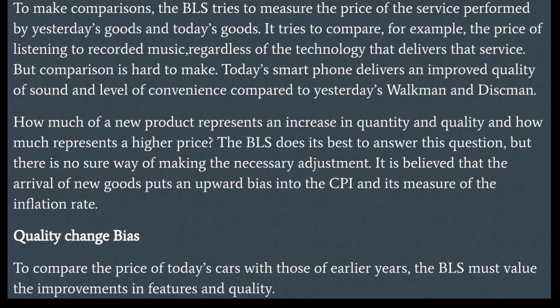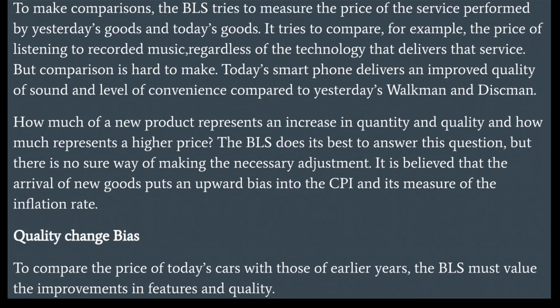How much of a new product represents an increase in quantity and quality, and how much represents a higher price? The BLS does its best to answer this question, but there is no sure way of making the necessary adjustment. It is believed that the arrival of new goods puts an upward bias into the CPI and its measure of the inflation rate.